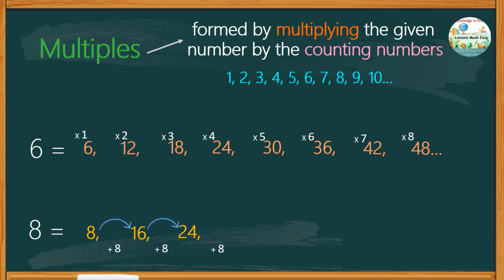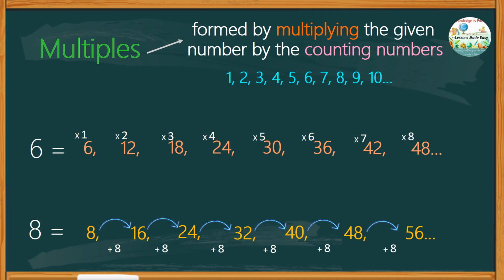Plus 8, this would be 32, plus 8, that makes 40, plus 8 is 48, and plus 8 is 56, and so on. Looking at these examples, we can conclude that the multiples of any number are infinite or endless.